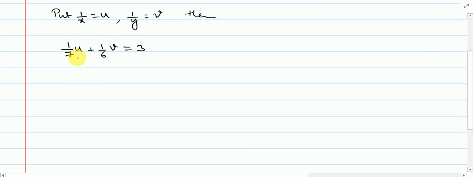Next, you need to find the LCM for 7 and 6. LCM for 7 and 6 is 42. So that should be multiplied to each term.